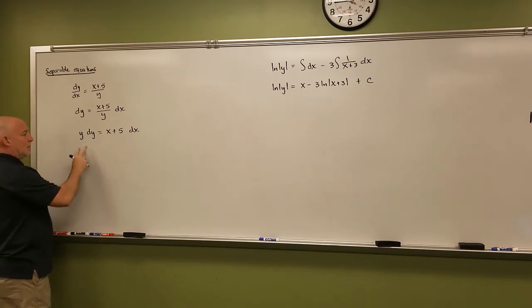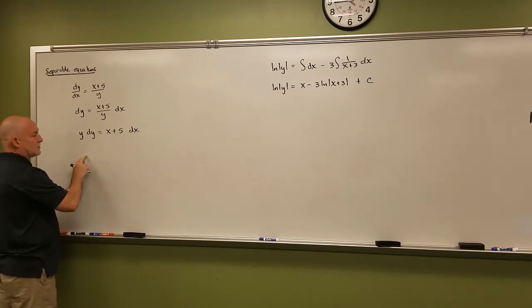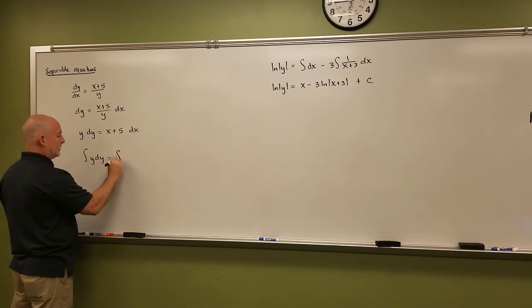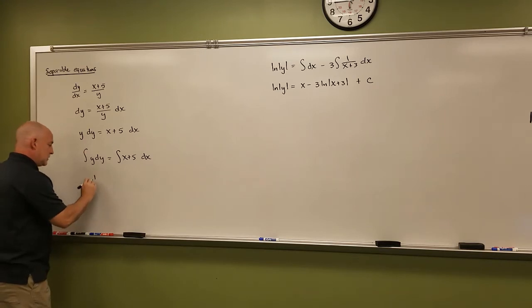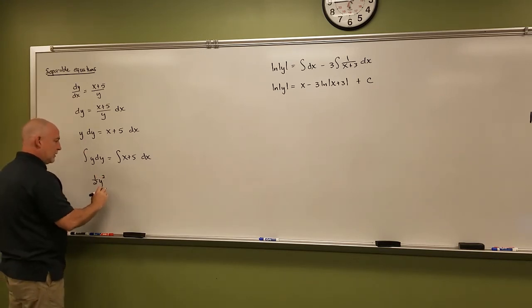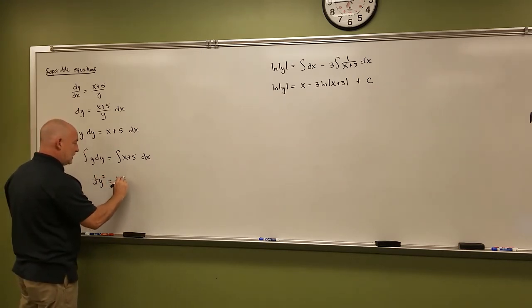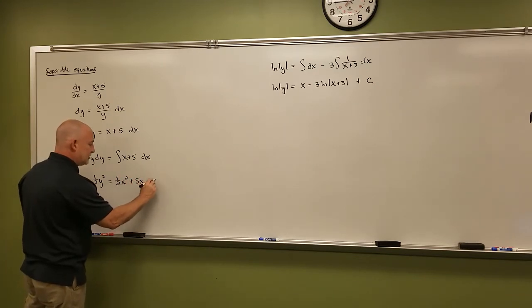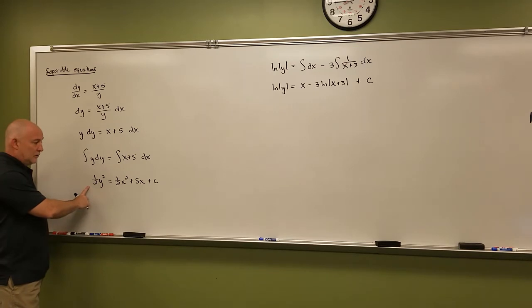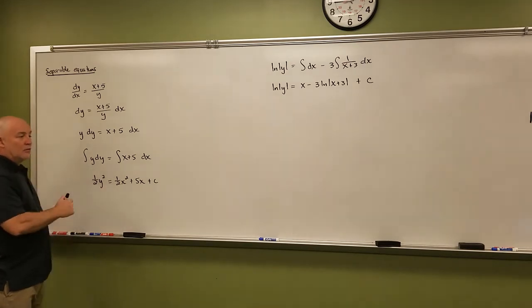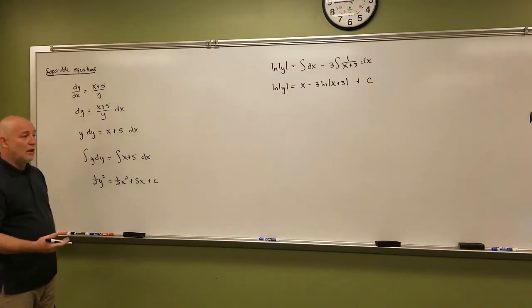Now that we have all the y stuff on one side and the x stuff on the other, go ahead and integrate. So we have the integral of y dy equal to the integral of (x + 5) dx. Of course, this is going to be 1/2 y squared is equal to 1/2 x squared plus 5x plus some integration constant.